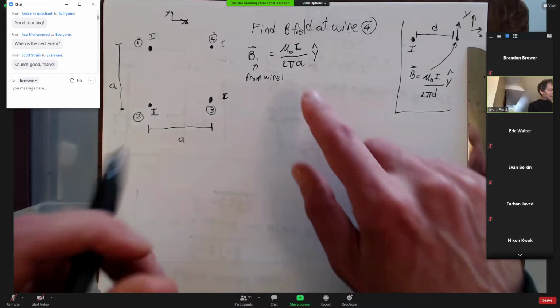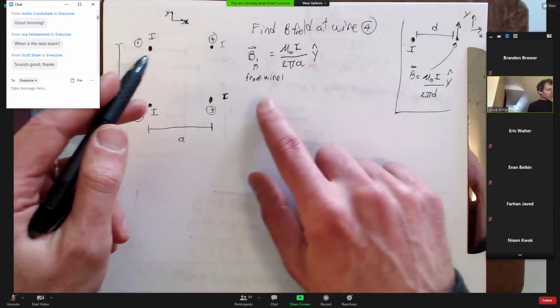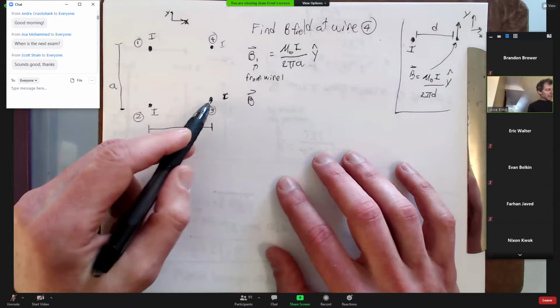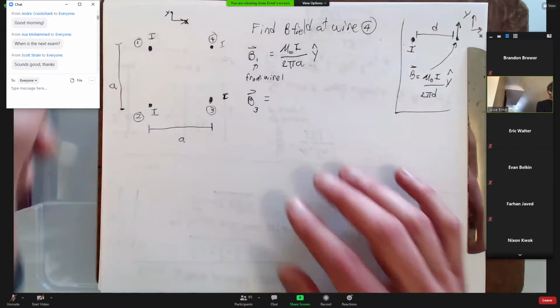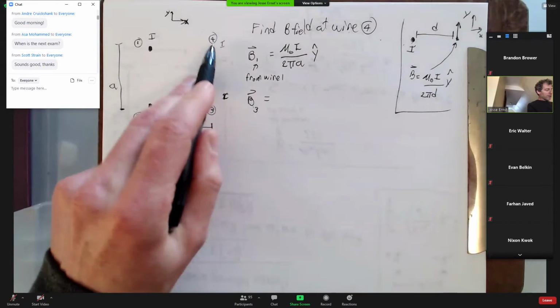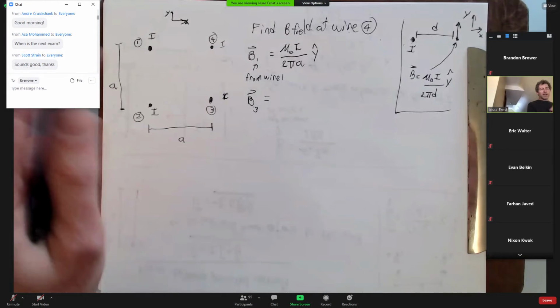Okay, so let's see. The next easier one is going to be B from wire 3. B sub 3 means the B field at wire 4 from wire 3. Take a second and figure that out, and go ahead and write something down and get the direction right.